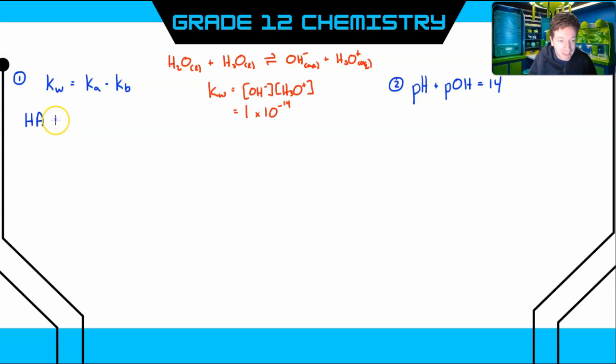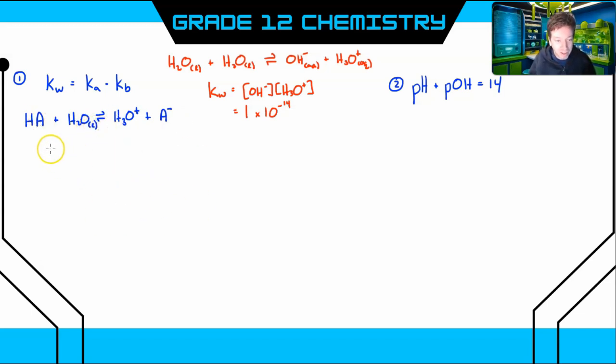And then we're going to have that collide with a water molecule to be in equilibrium. So one hydrogen gets donated to water to give us hydronium, plus now we have our acid ion. Okay, and all these are aqueous except for water.